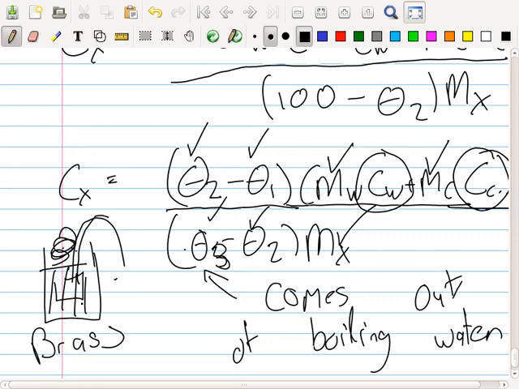Theta 3 is the temperature which should be roughly 100 degrees of the block in the boiling water. Theta 1 is the temperature of the water before you put the block in, and theta 2 is the temperature after the block goes in.